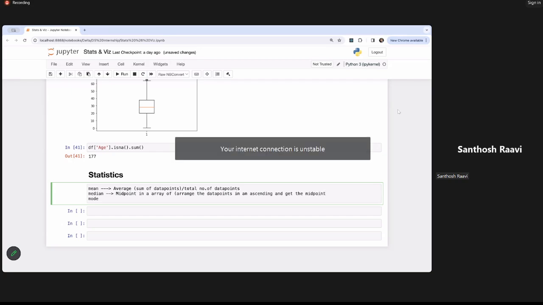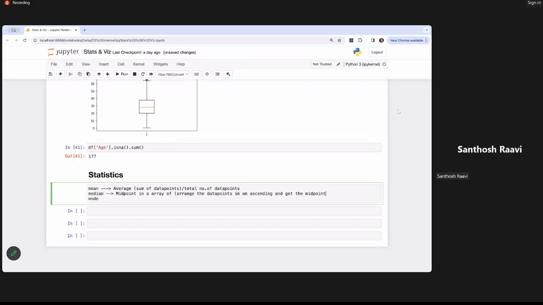That's it. What is the midpoint? If the midpoint is two numbers, then you add the two numbers and divide by two. Okay, mode is nothing but the most frequently occurred or most repeated data point. Okay, so this is the meaning of mean, median, mode.